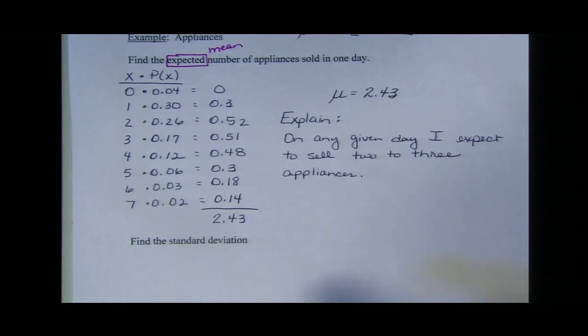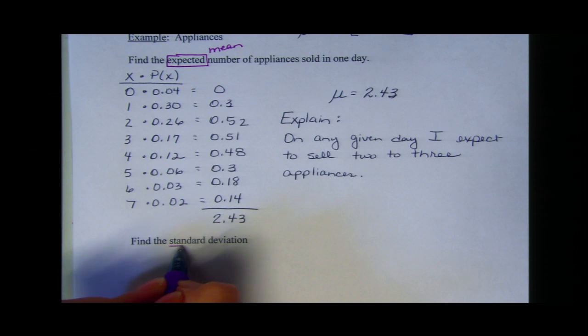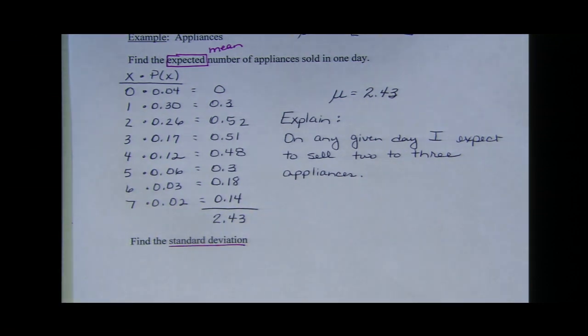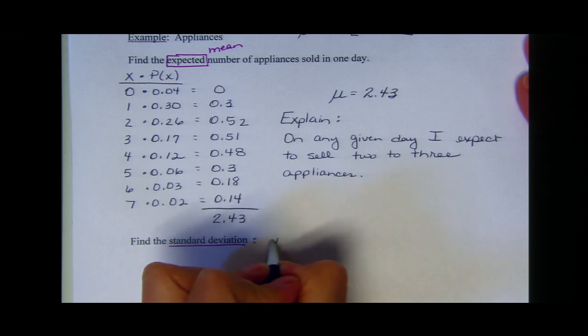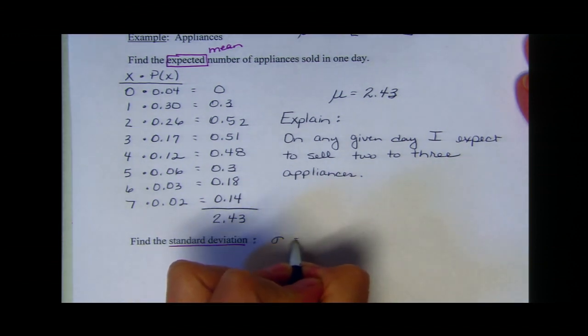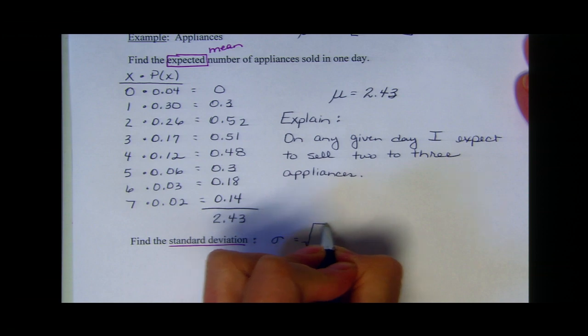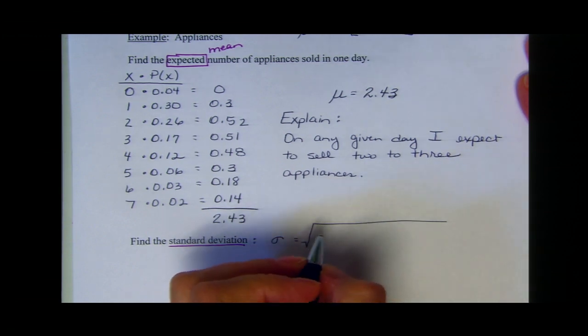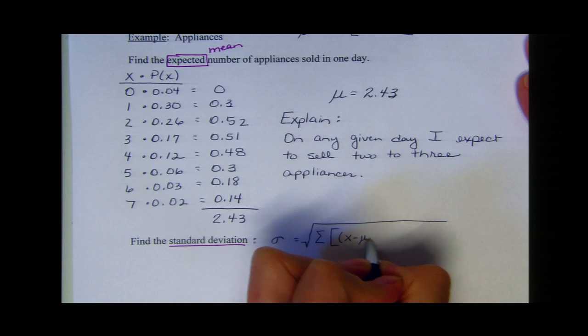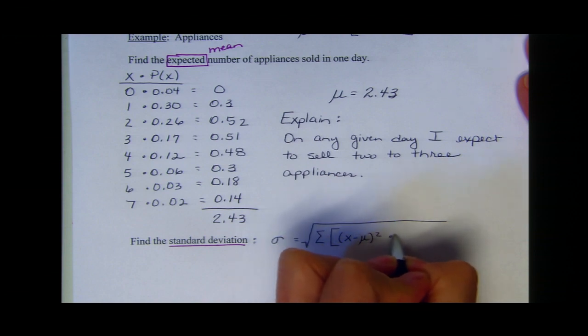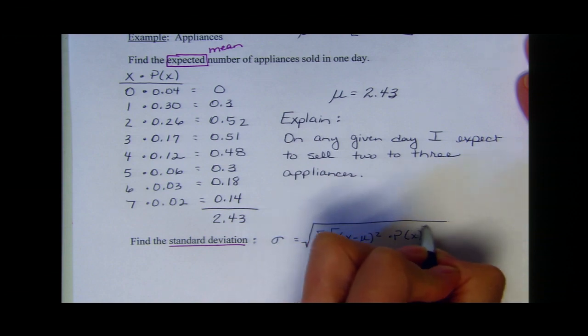Well, guess what? We're now going to do the standard deviation, and that calculation is even a little bit more involved. Just a reminder of the formula. Standard deviation is the square root of the summation of x minus mu squared times p of x.